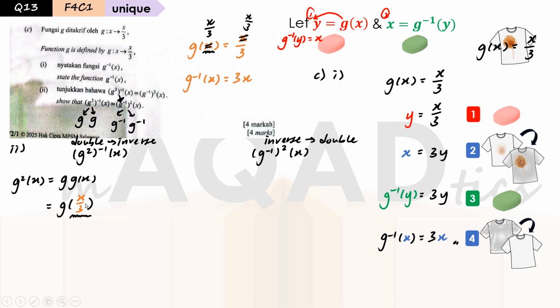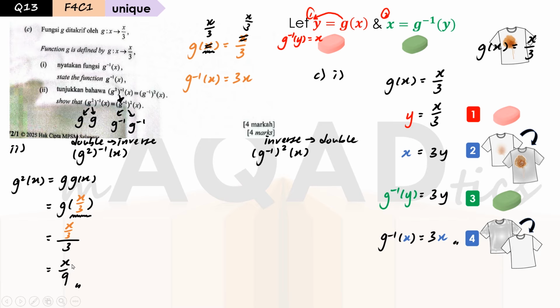Once we put this x over 3 inside g, we have x over 3 over 3. Let us simplify this. Over 3 here means we divide by this fraction, so it will be x over 9.